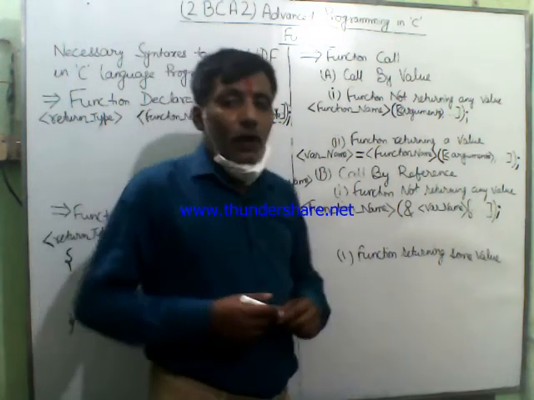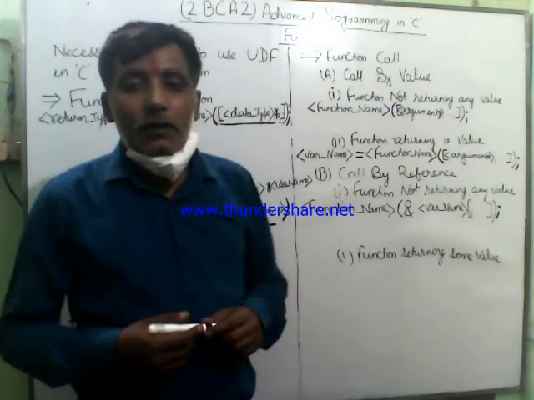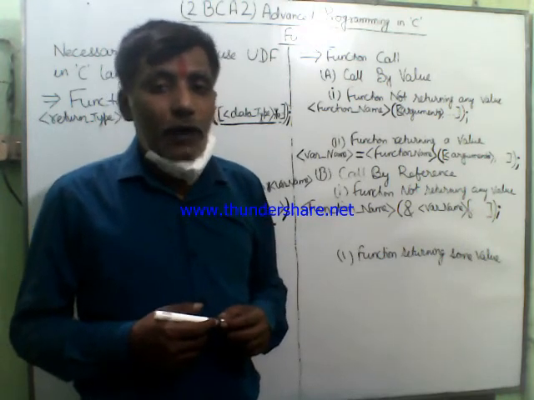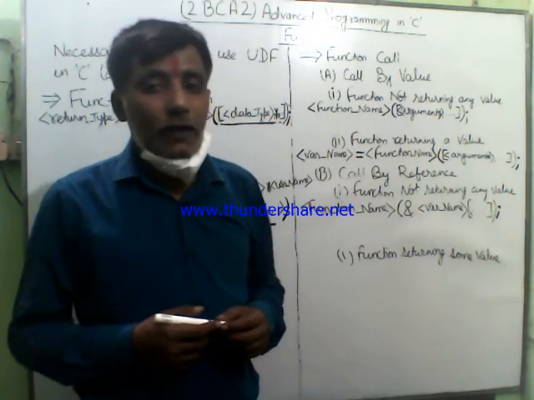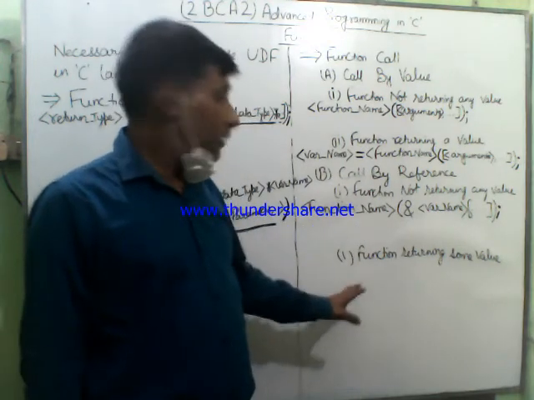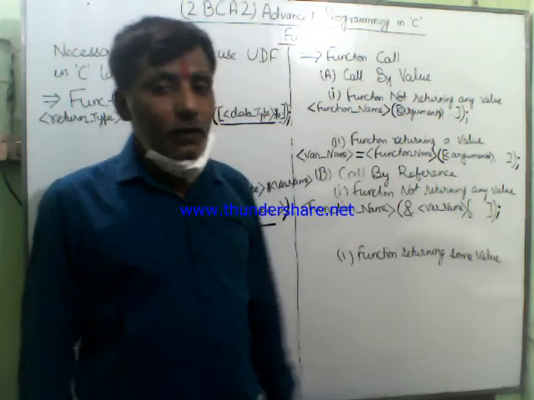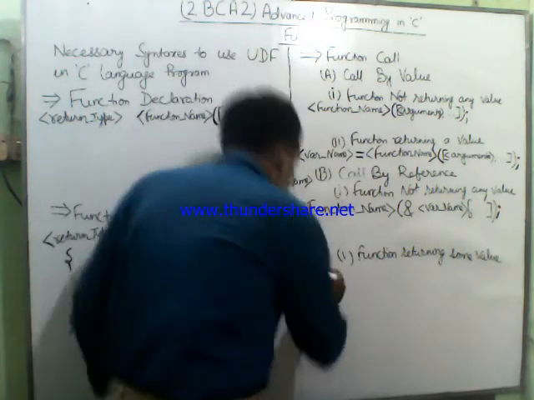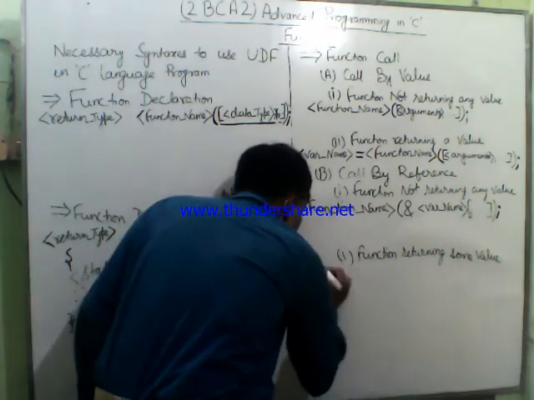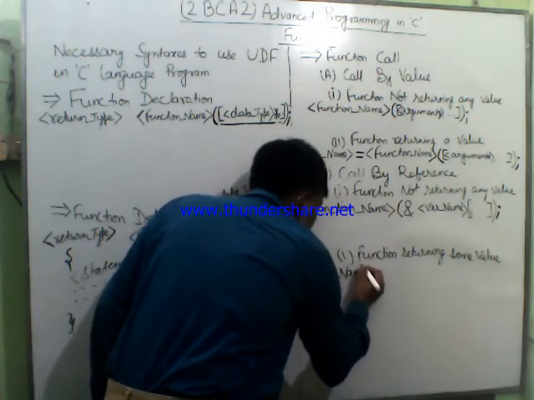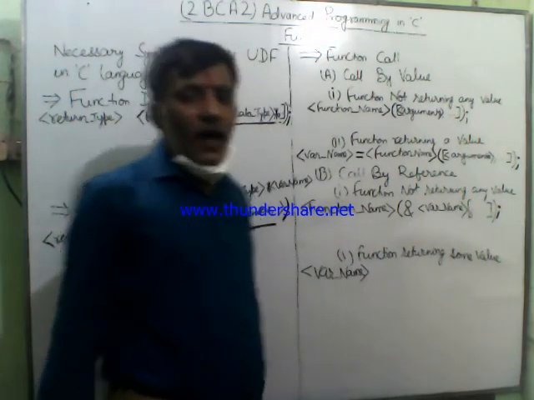Now, if you are using such a user-defined function in the program and you want to call the user-defined function by using the call by reference method and the function is returning some value, then you have to use a different syntax. The syntax starts with the variable name.